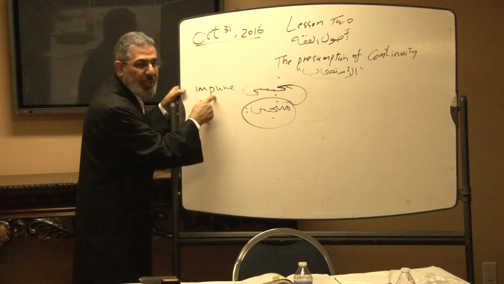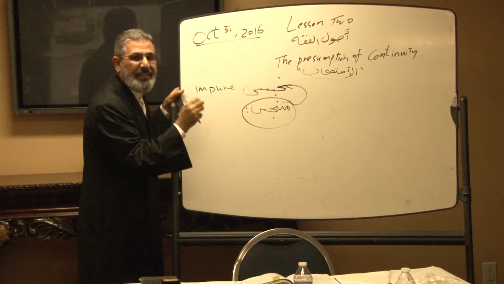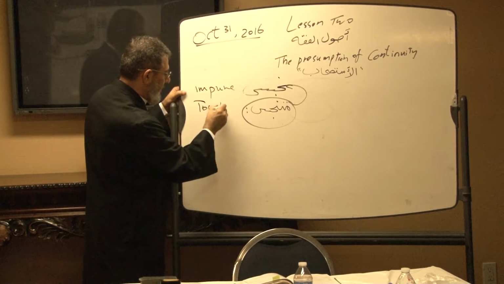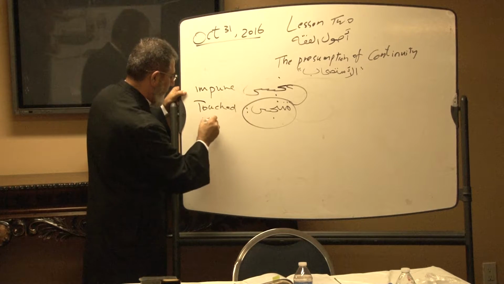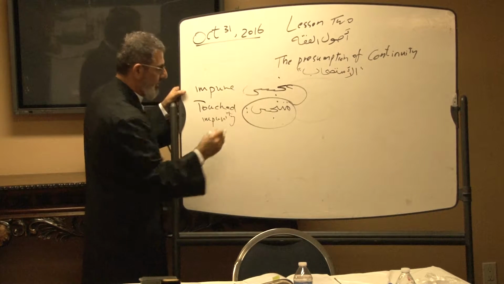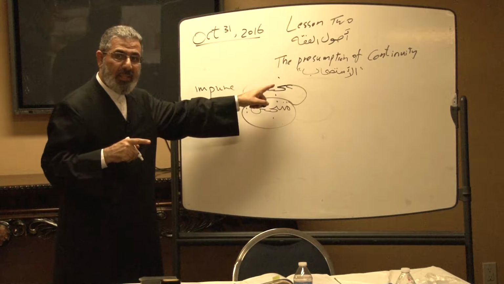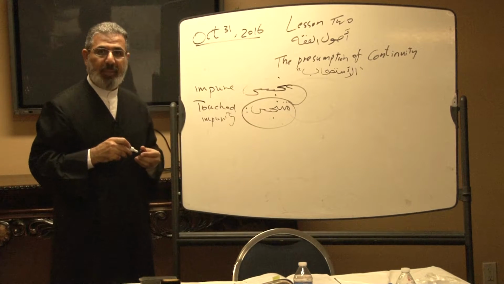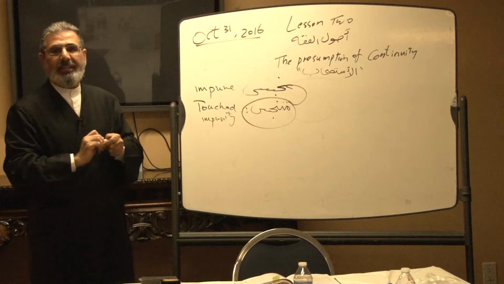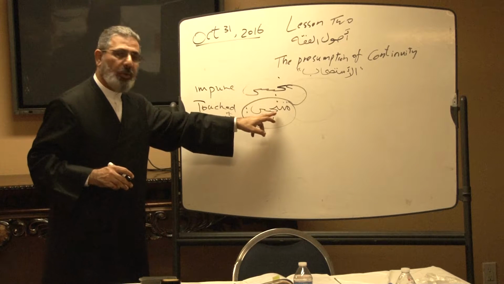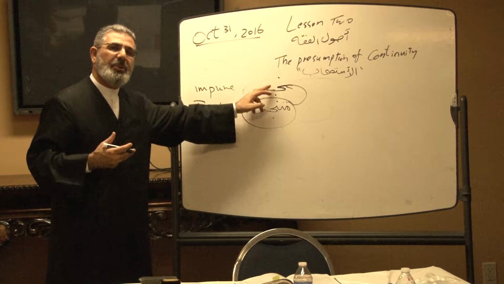It's not originally impure. It touched the impurity. This is the difference. Najis is the original item. Let's say urine. This is urine. But this one is the underwear that touches the urine.